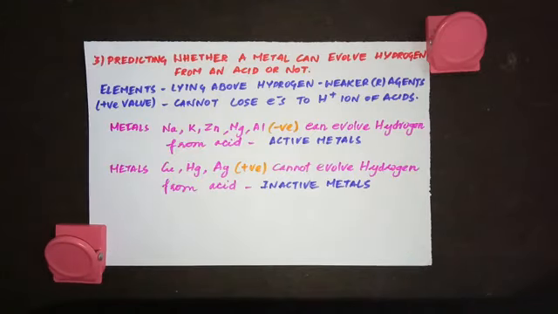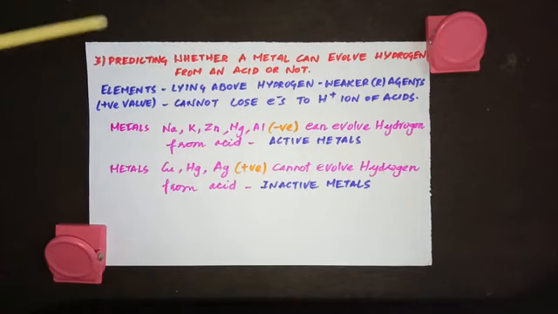And now the third application of electrochemical series is predicting whether a metal can evolve hydrogen from an acid or not. When you treat a metal with any dilute acid, that metal can displace hydrogen from the acid, and not all metals will displace hydrogen.